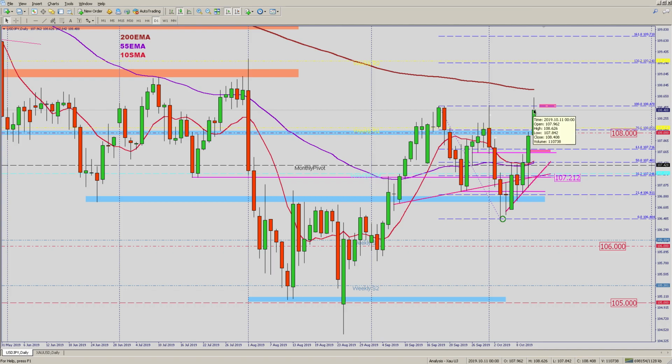It did spike through the swing high at 108.63, but closed back below that swing high at 108.41. Right, so we'll see whether this support now will hold or whether it'll take a deeper retracement before attempting a bullish move higher.